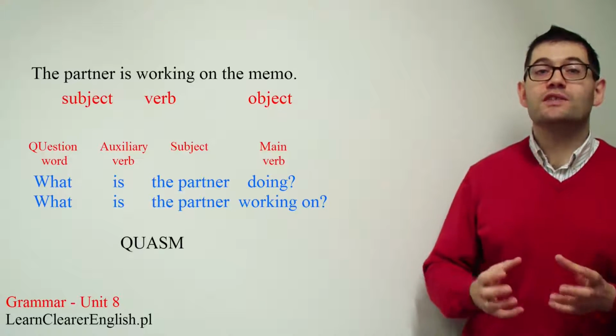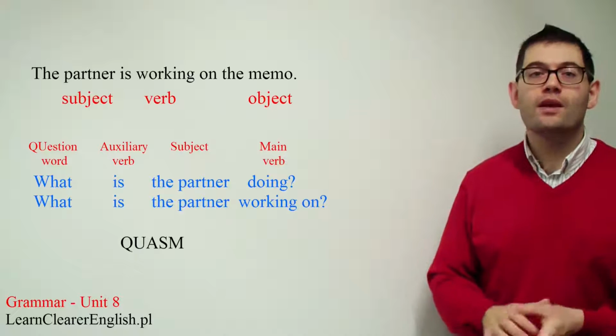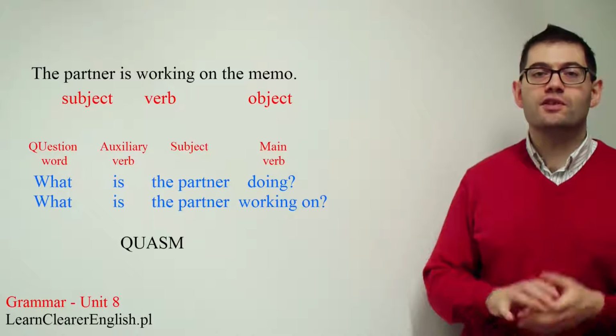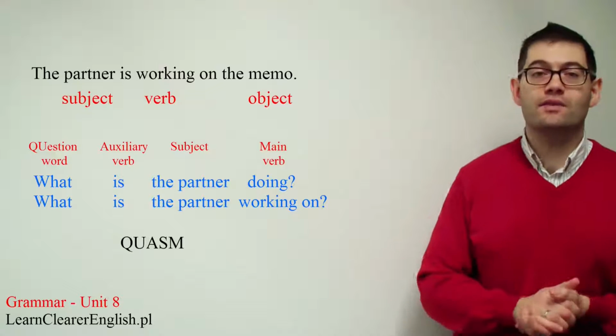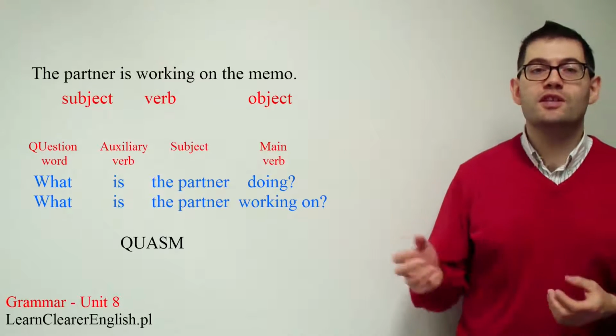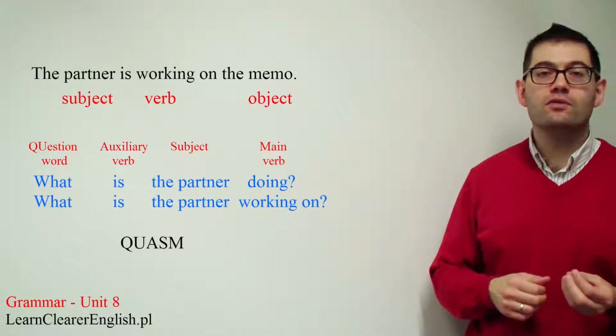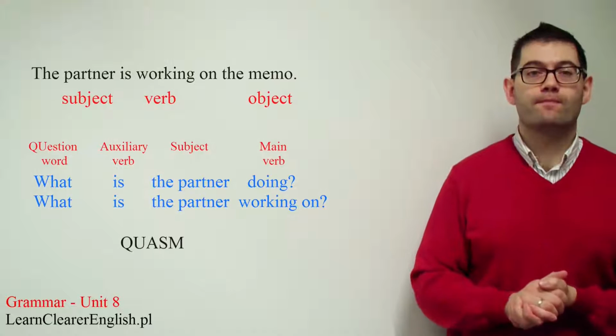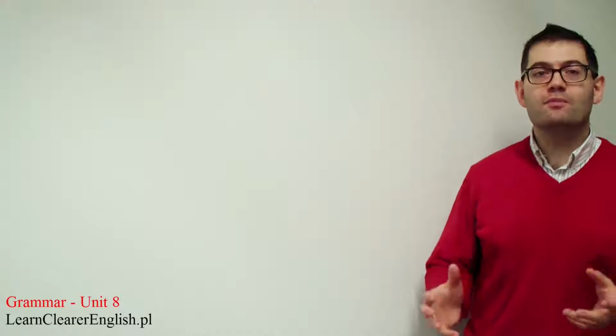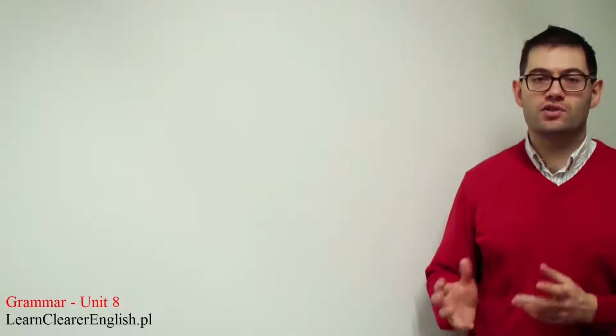This structure works for all forms. For the continuous and perfect form, the auxiliary verb is a form of the verb be and have respectively. For the simple form, the auxiliary verb is a form of the verb do for the past and present, and will for the future. Let's have a look at some examples broken down into the QUASM structure.